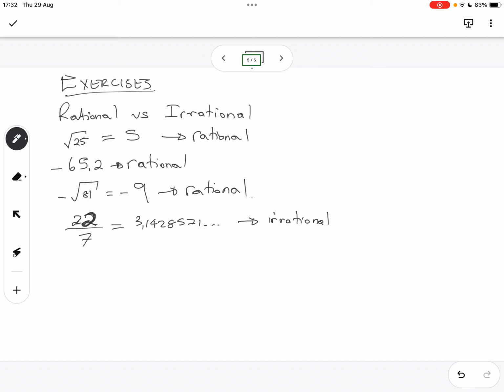All right. 3.14. Since that would mean they terminate, we can say that's rational.